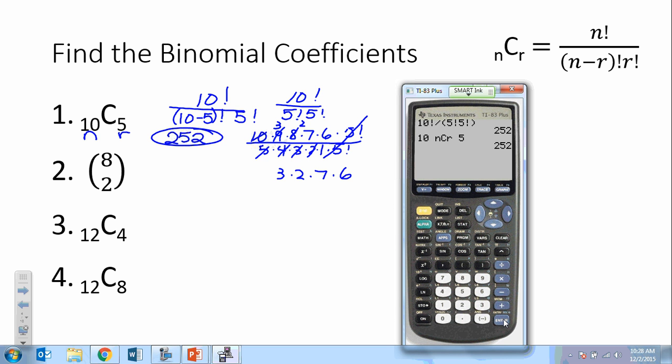Okay. So let's quickly do 8C2: 8, math, probability, 3, and then a 2. You should get 28.